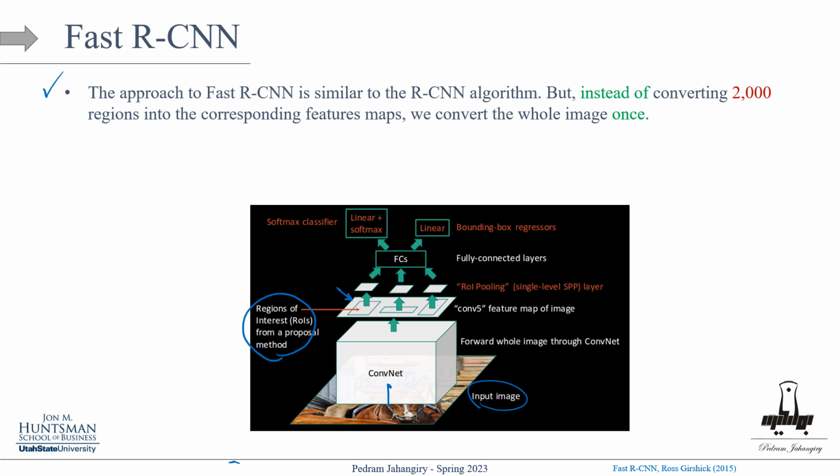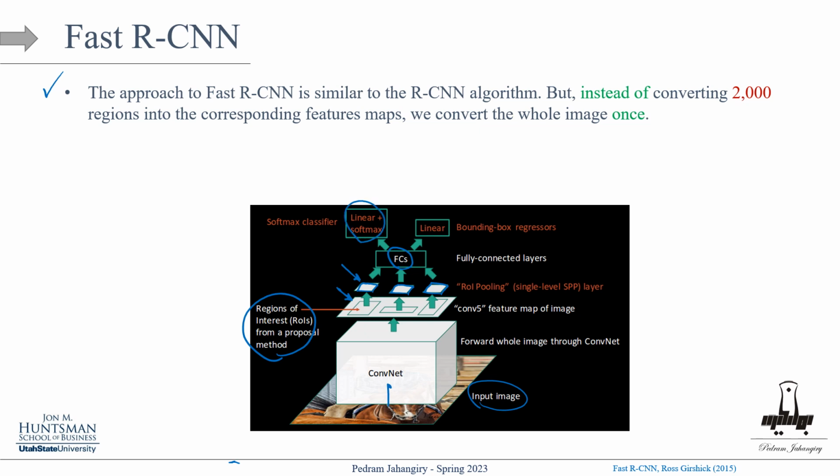For fully connected layers, or even for a CNN, we cannot use different input shape sizes. The input shape for the fully connected layers must be equal. So we apply another wrapper on top of the ROIs from the feature maps, and that wrapper reshapes the ROIs to the same size. Now the ROIs have the same size, we pass them to a fully connected layer, and the output is, again for classification, for example softmax.